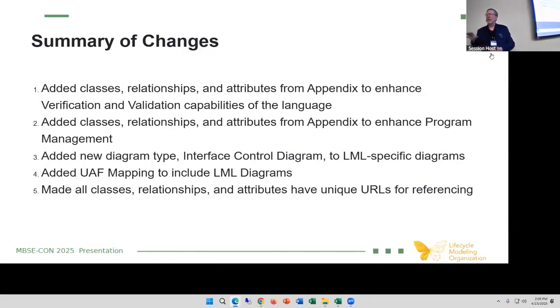And one of the nice things is we broke up the standard. So now each individual class, relationship, and attribute on the relationship is its own entity in InnoSlate. So it's its own object in the database, which means it has its own unique URL.